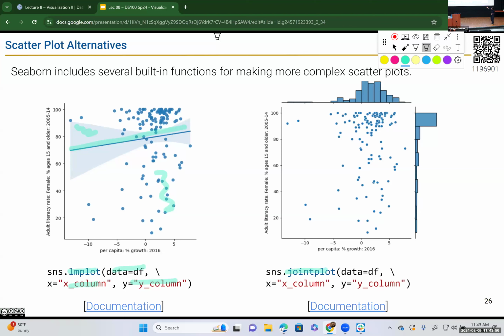But what does it do? It gets, again, the same thing: data frame, X and Y. And then it's going to give you this histogram, also nice on the X and Y axis, which is going to show you the distribution across X and the distribution across Y. Why is it significant in this case? Because, for example, if I look at the distribution of Y and I see this high bar, I know that the majority of the Y distribution should be in that specific range corresponding to that bar, right?